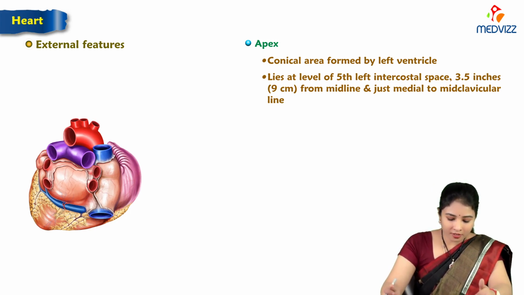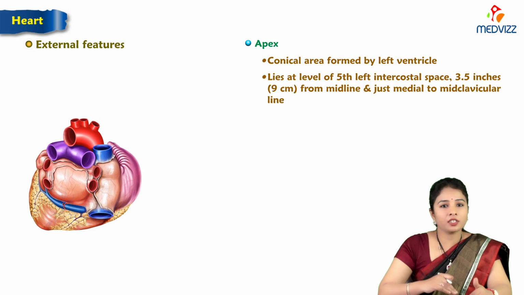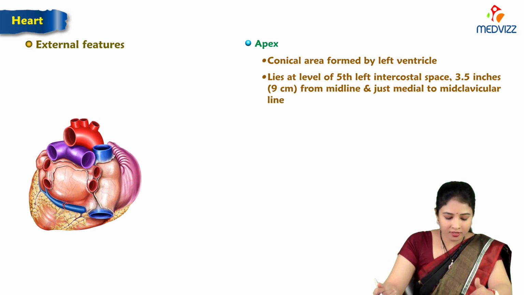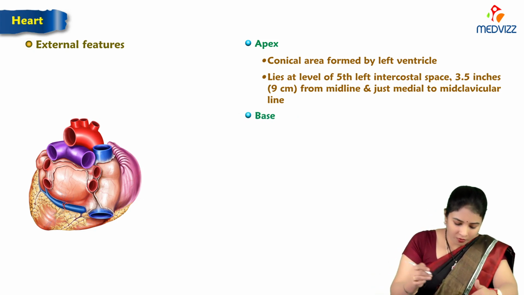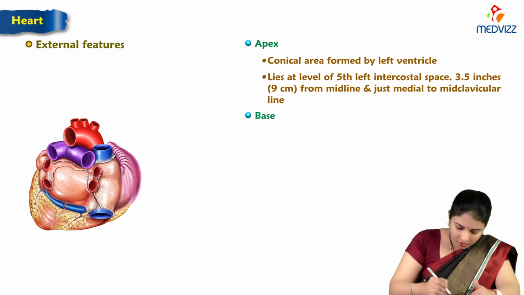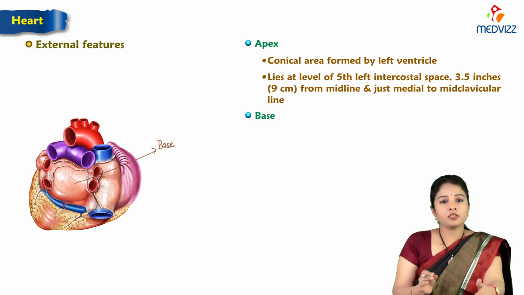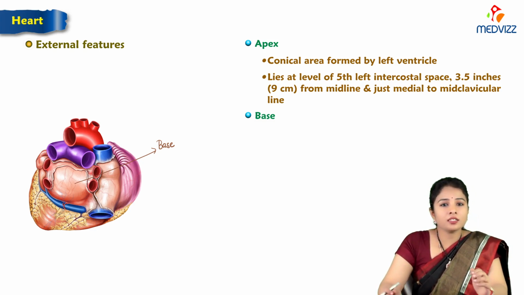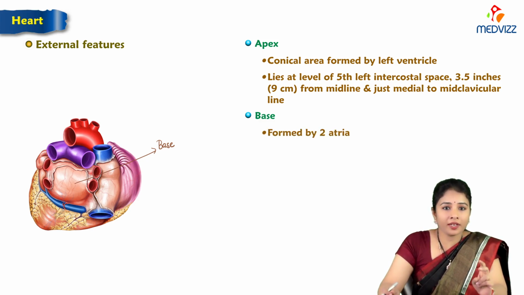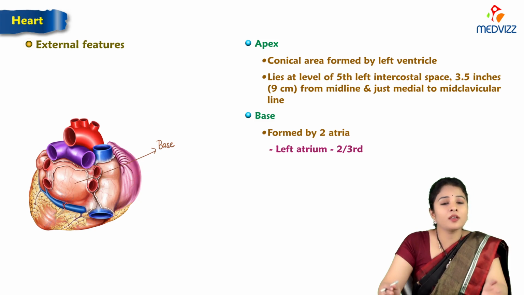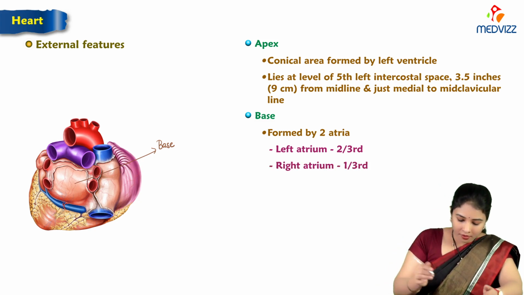When the heart is removed, this is the posterior surface which we are seeing in this image, which is called the base of the heart. The base, or posterior surface, is formed by the 2 atria. The left atrium makes 2/3 of the base, whereas 1/3 is formed by the right atrium.